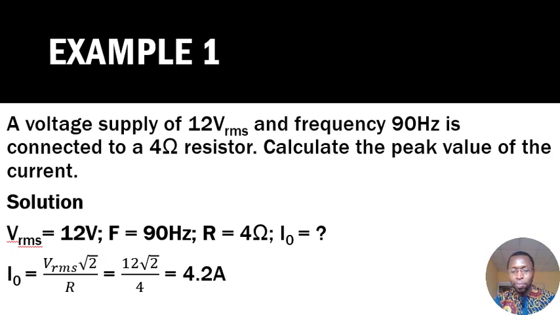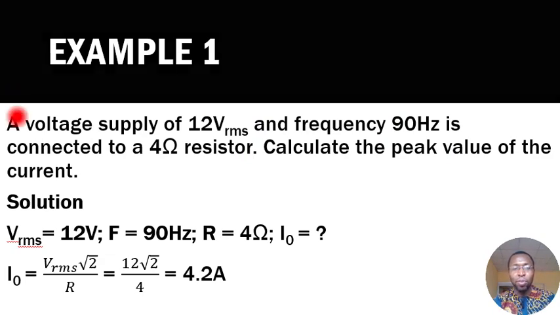Example 1 says a voltage supply of 12-volt root mean square and frequency 90 Hz is connected to a 4 ohm resistor. Calculate the peak value of the current.